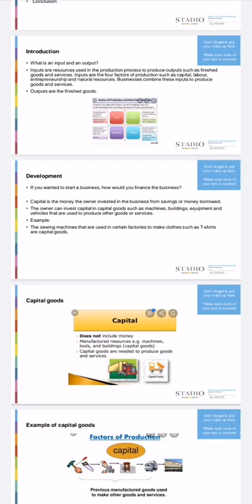Inputs are the four factors of production: capital, labor, entrepreneurship, and natural resources. Businesses combine these four inputs to produce goods and services. Our goods and services are our outputs. The diagram below shows the factors of production and an explanation of each.